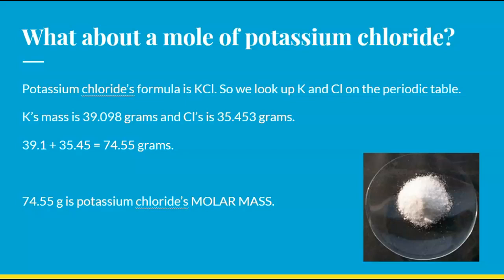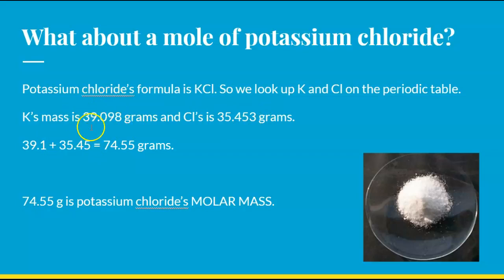We're just going to add those two numbers together. One thing I want to note: I've written out the whole mass in the periodic table, but down here I've rounded them. When we're doing these calculations, you don't have to keep all these decimals. You should round to 2 decimal places. So 35.453 becomes 35.45.